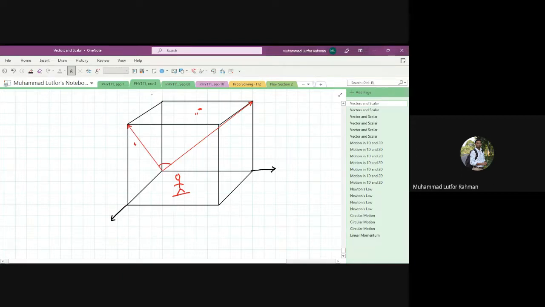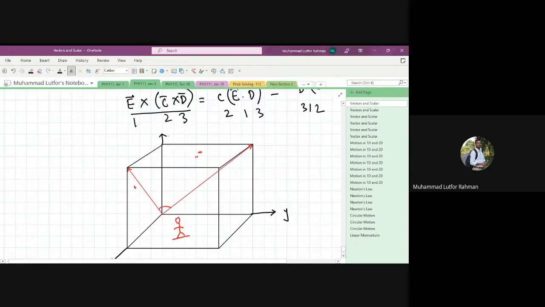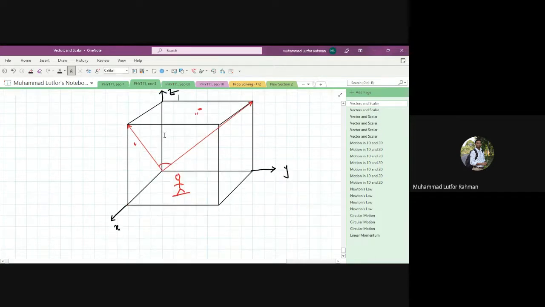I'm labeling these axes so that it would be easier for you. Say this is my x-axis, this is my y-axis, and this is my z-axis. For simplicity, I label the cube's side length as one unit. Say this unit is one, this unit is one, and this unit is one.